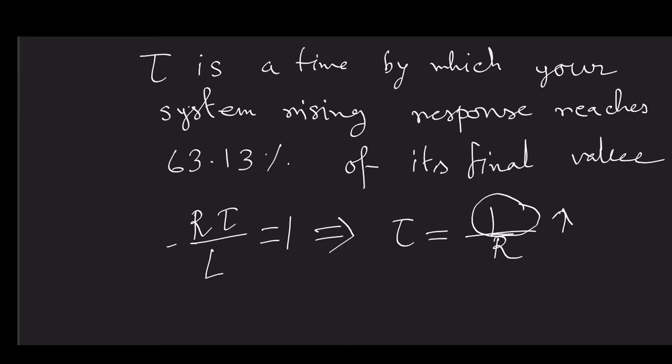So I would like to confine my discussion within this RL circuit only. I will not consider the RLC series circuit, right? So the topic is the RL series circuit with alternating current excitation.